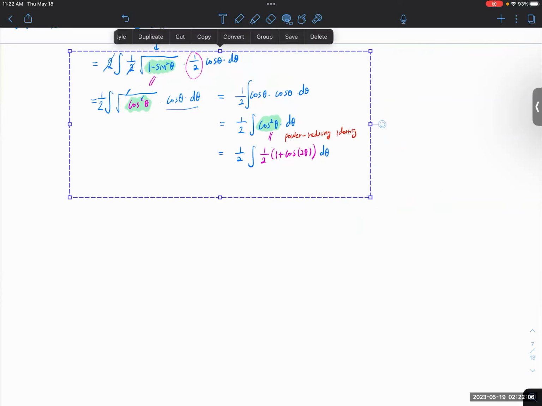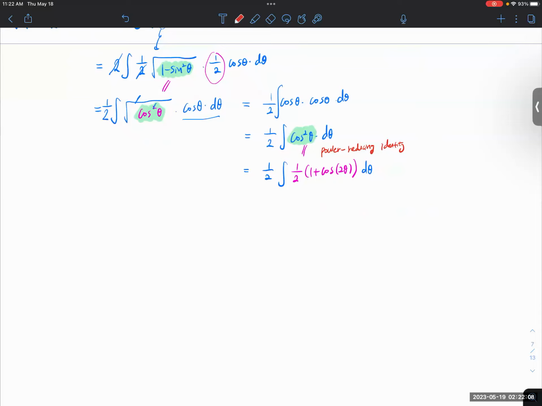So let me minimize a little bit. And then what we're going to do, I'm going to solve this integral. So we're going to do one more step-by-step. I'm going to bring 1/2 to the front. So it's going to be 1/4 integral 1 plus cosine 2 theta d theta.